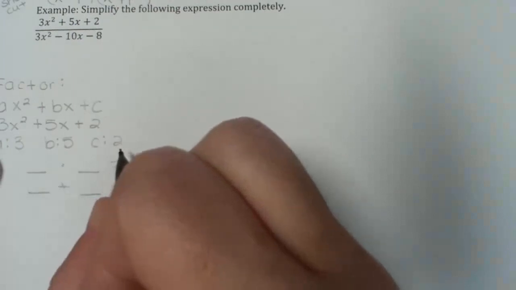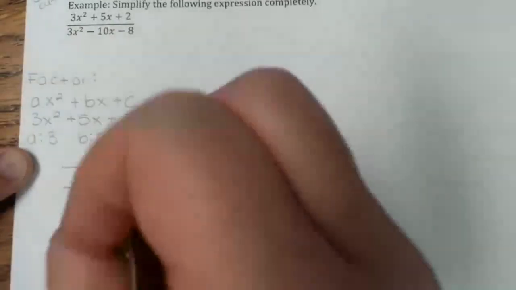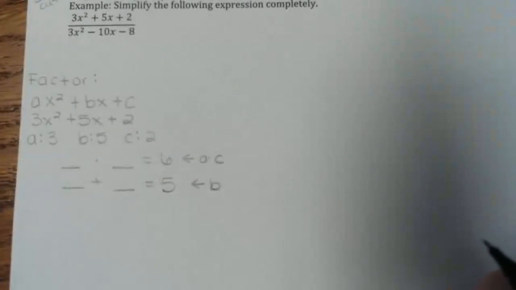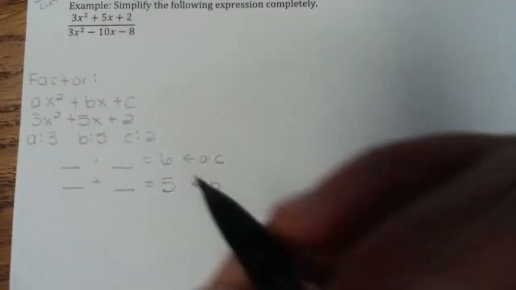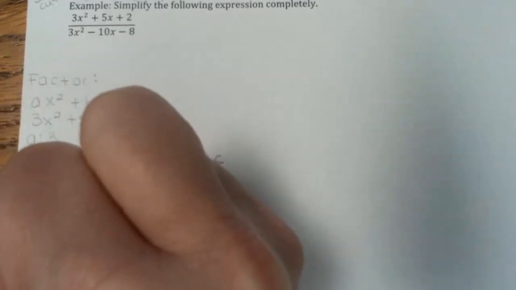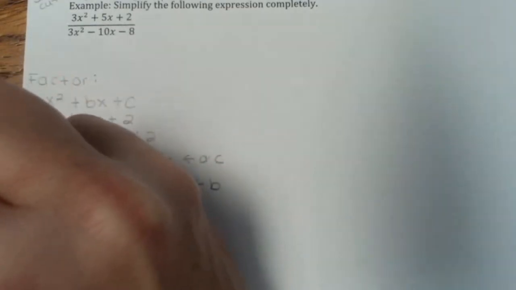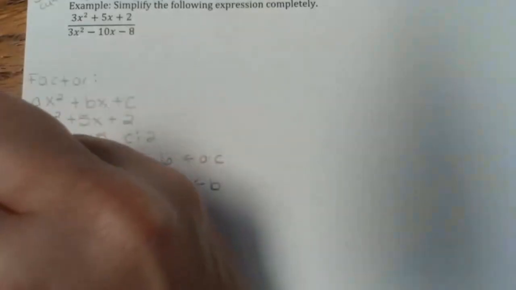So a times c, 3 times 2, which is 6, and add together to give me b, which is 5. So 2 times 3 is 6, and 2 plus 3 is 5. Unfortunately, our a value is 3, so a is not 1, so we must factor by grouping.